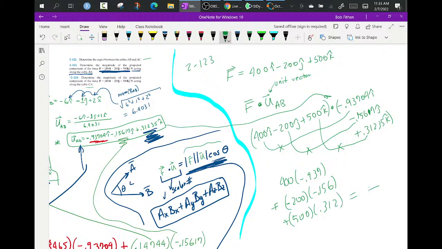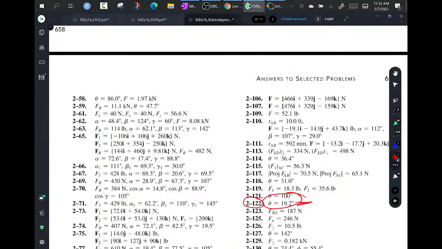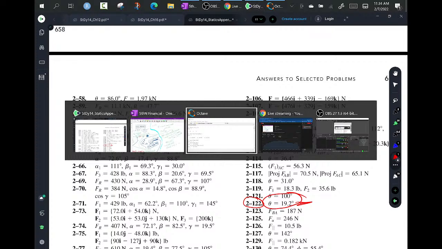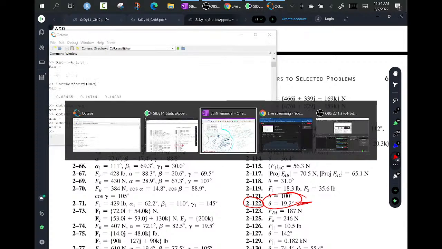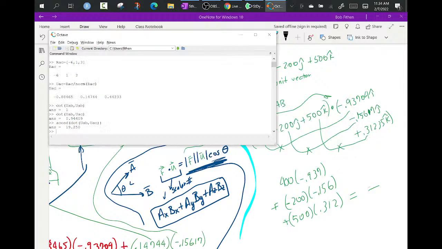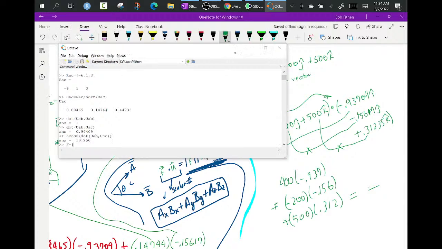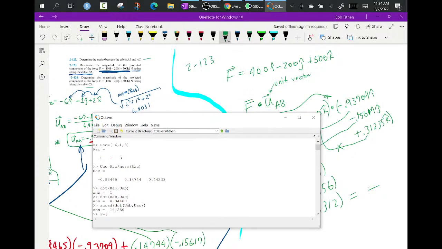Now, the beauty is, if I go to Octave, which is right there, I already have both U's, I just don't have the F in there yet. So I'll put the force vectors in there, and luckily I don't think he changes it between the two problems.